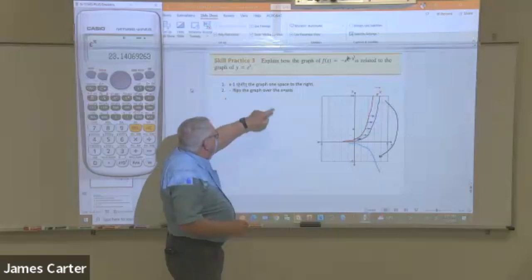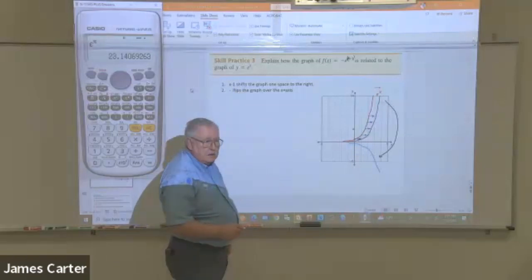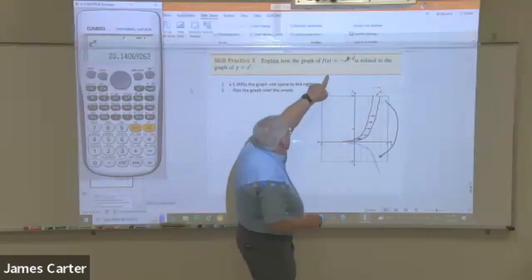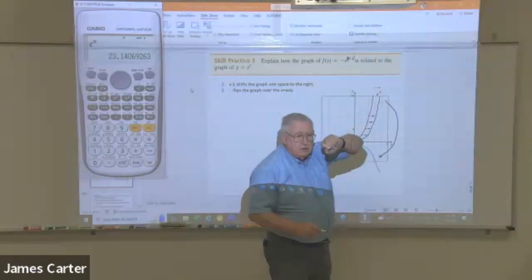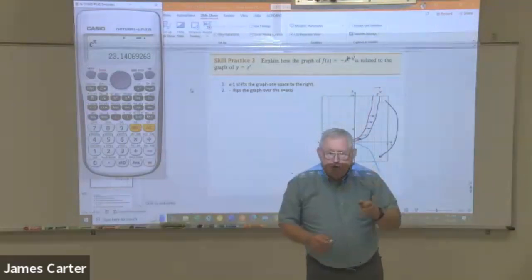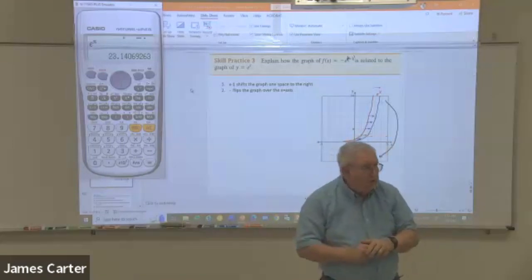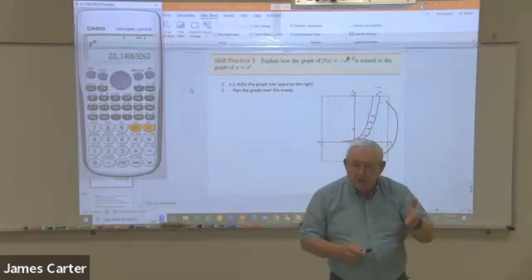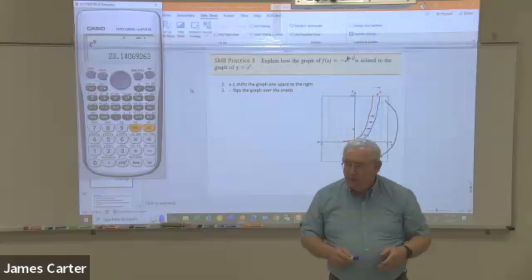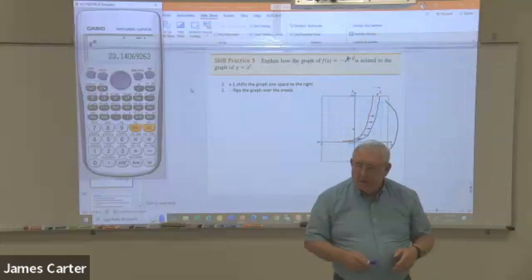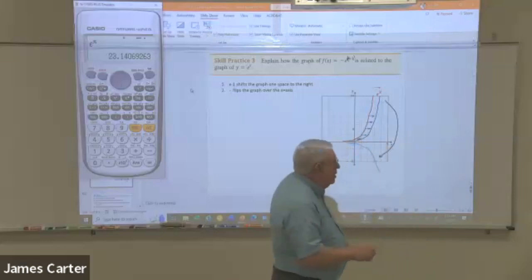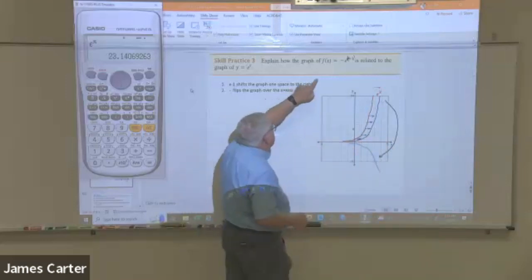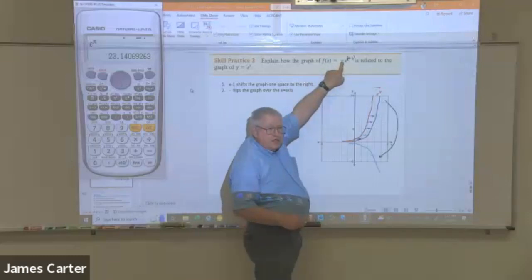This negative in front, if you remember from when we were doing reflections, flips it from top to bottom across the x-axis. So that changes positive y's to negative y's, and negative y's to positive y's also.